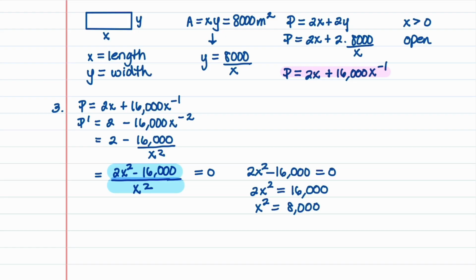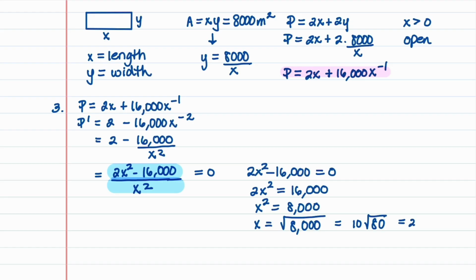Now we're going to take the square root. X is the square root of 8,000. We can pull out 100 from this, and the square root of 100 is 10, so we can write this as 10 times the square root of 80. And then let's think, 4 goes into 80, so we can pull out a 2.